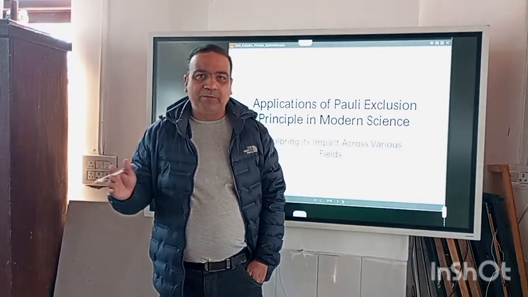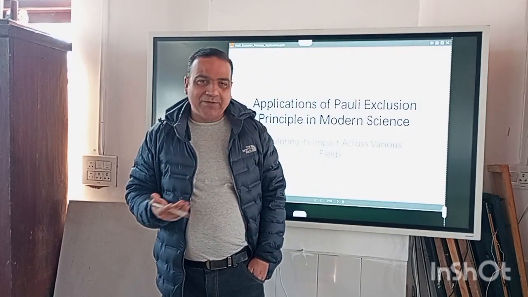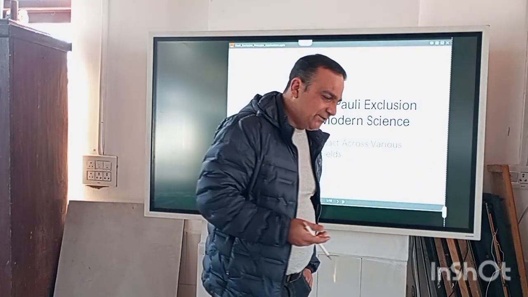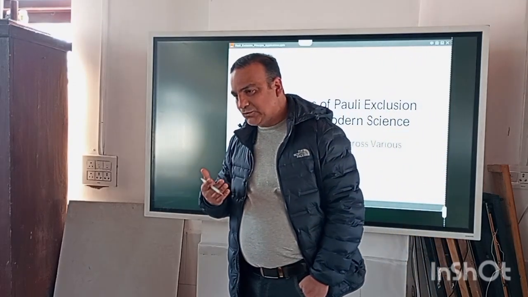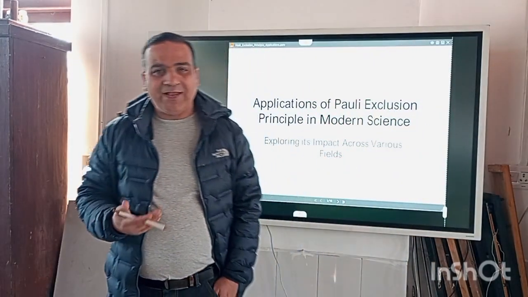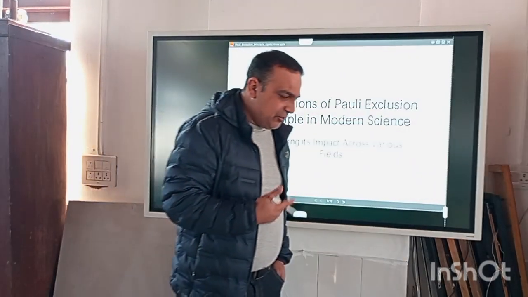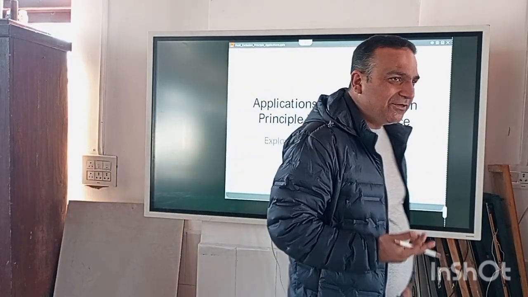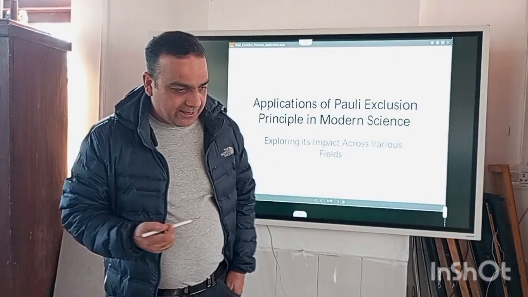no two fermions. Fermions are those particles which obey Fermi-Dirac statistics, particles whose spins are in fractions of half. Neutrons, protons, electrons, they all fall in the category of fermions.